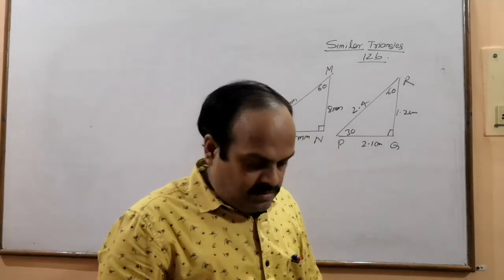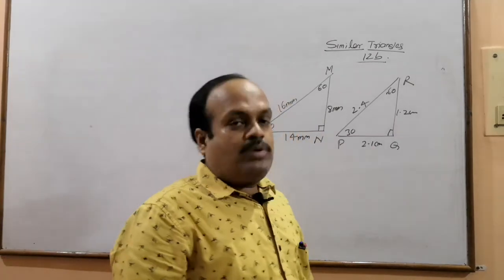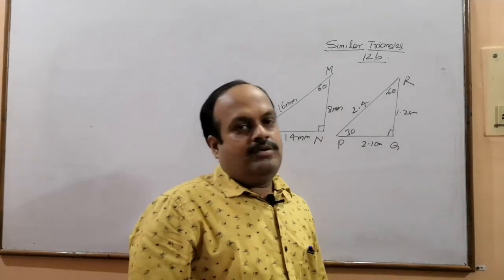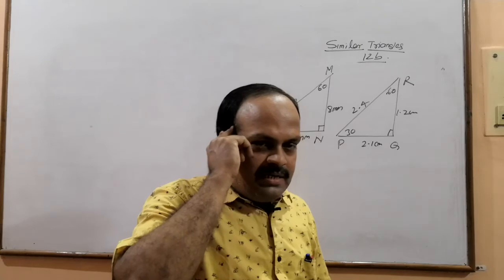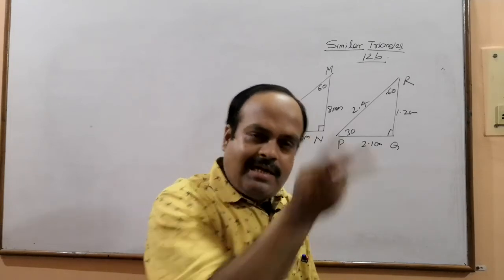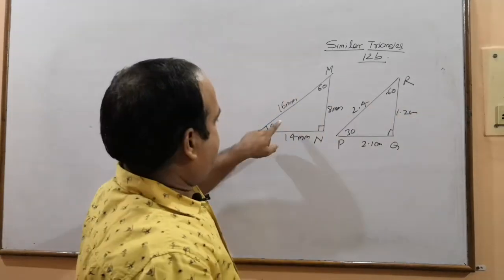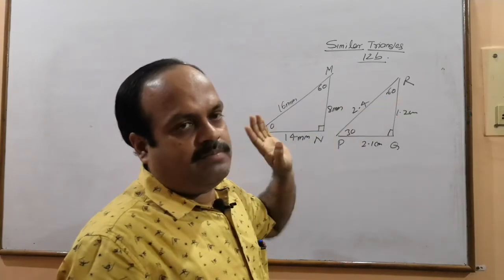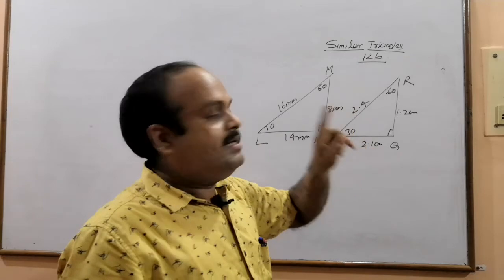So as I said, to write the three ratios of the corresponding sides, we will keep one thing in mind: the equal angles of the triangles. 30, 30. So sides opposite to them will be called the corresponding sides.